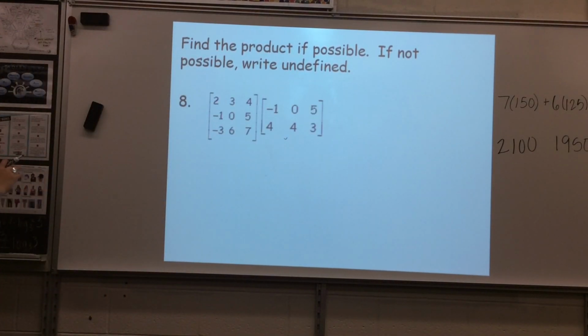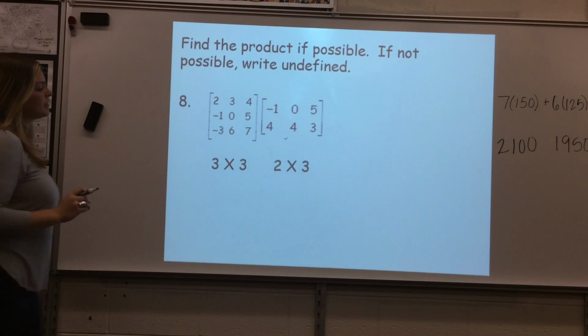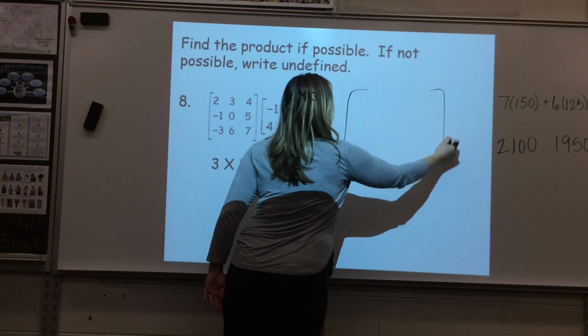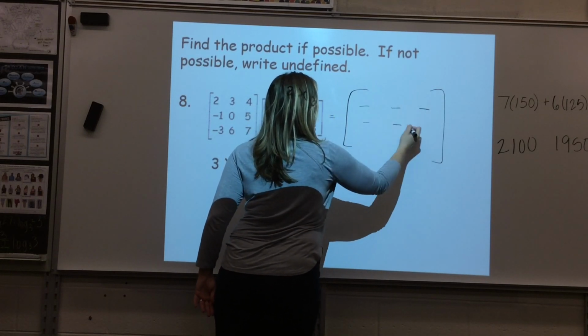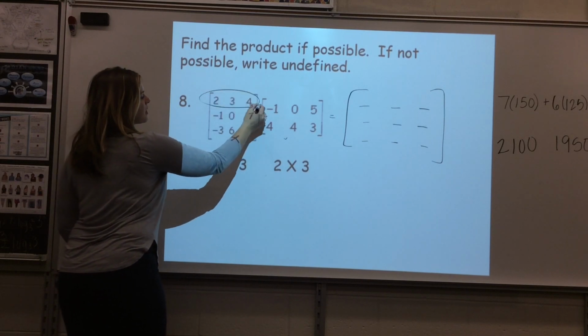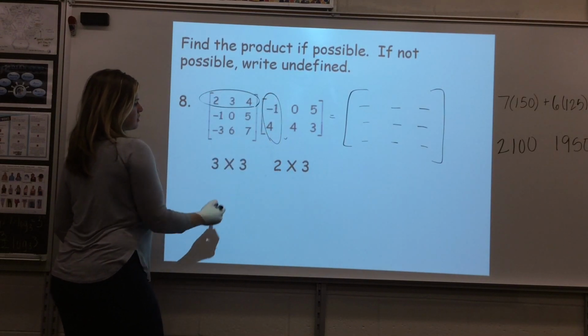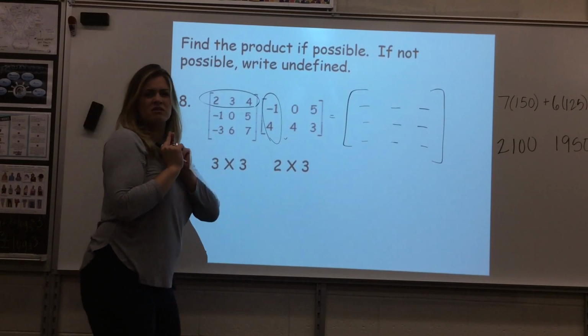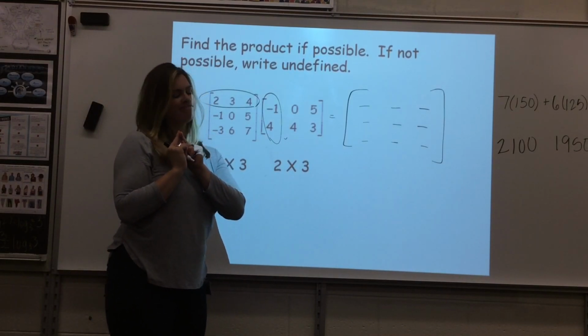All right, last one. We have a 3 by 3 and a 2 by 3. So we will end up with 3 by 3. Okay? So take your time. Is this gonna work?